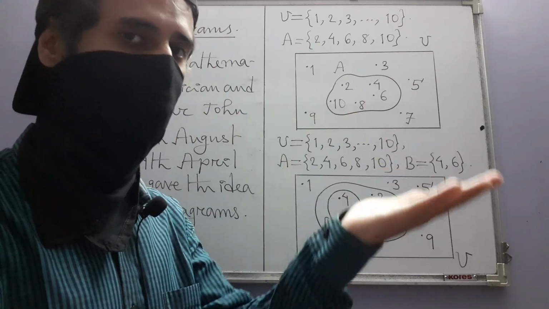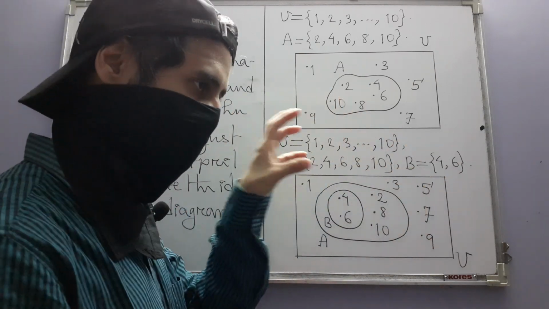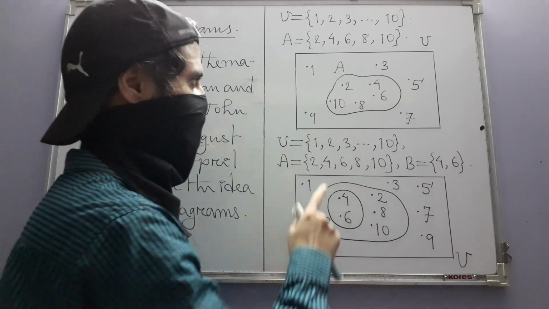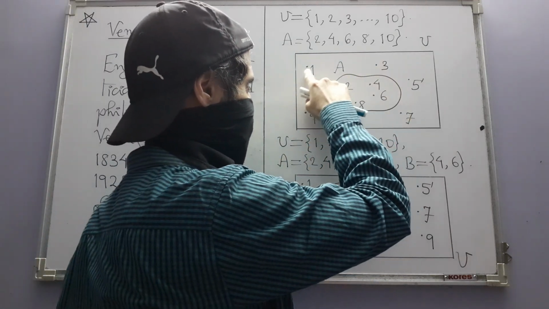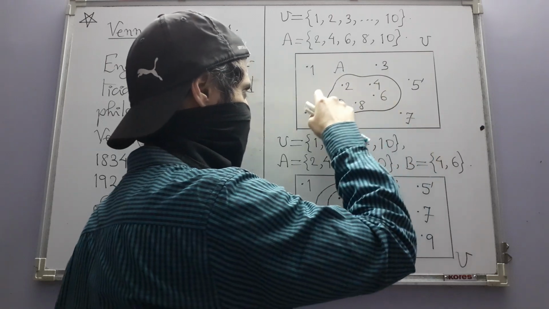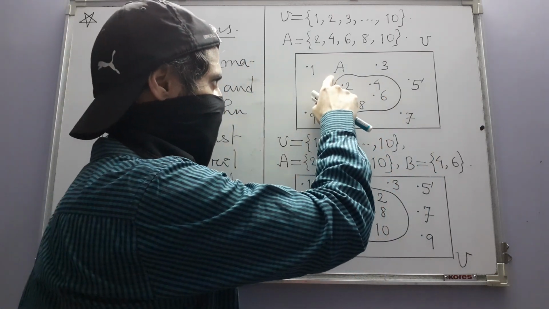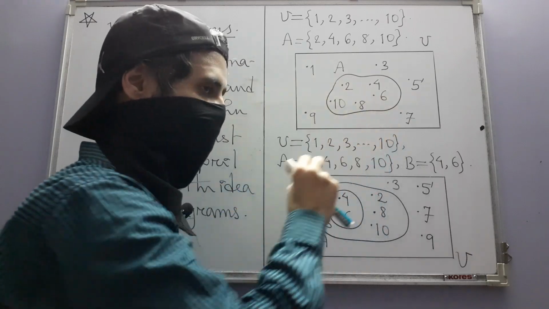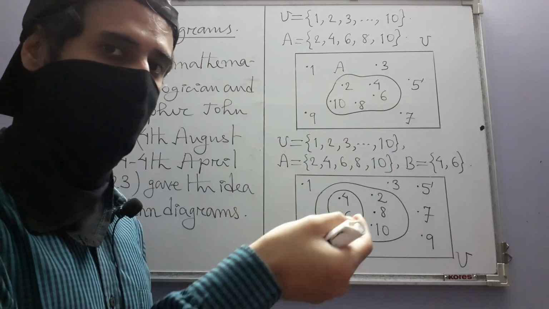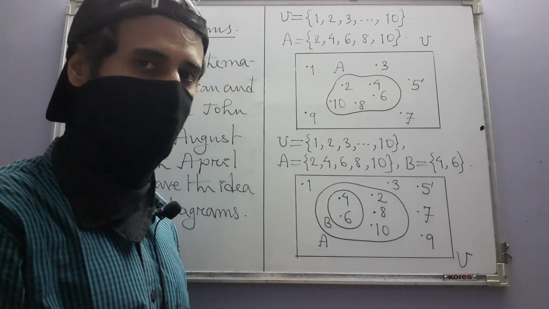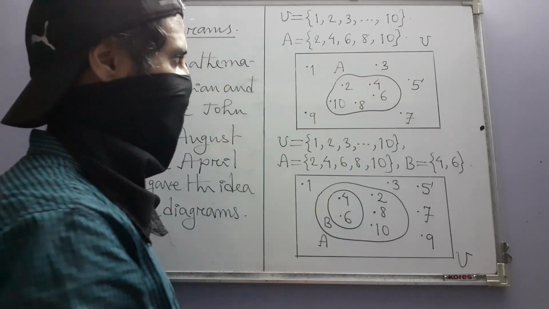Okay, it should not be open. It should be closed and it should bound a region within it. Just like you have drawn the points of U in the interior of the rectangular region, here also the points of A have to be drawn as dots in the interior of this region which is representing A.